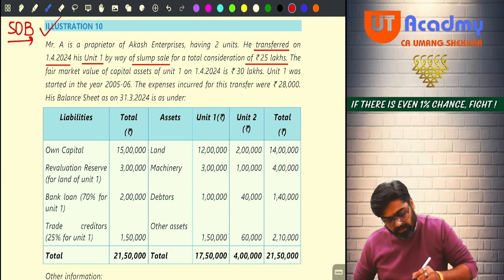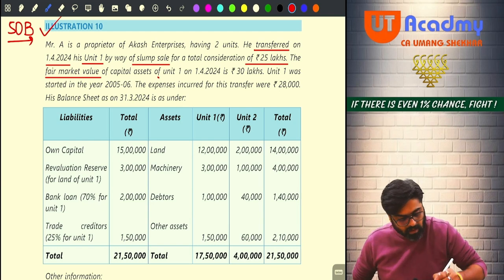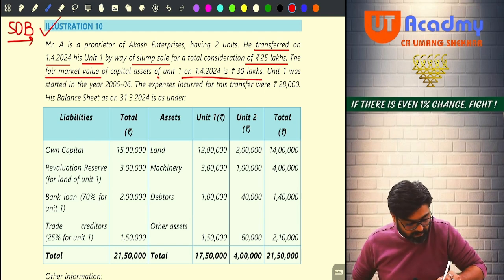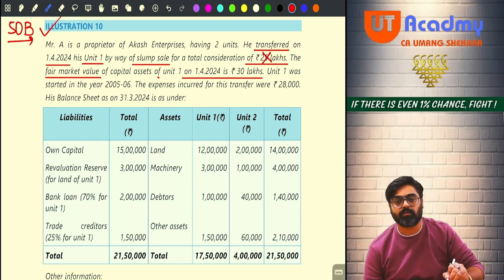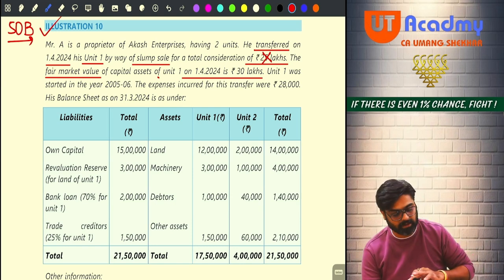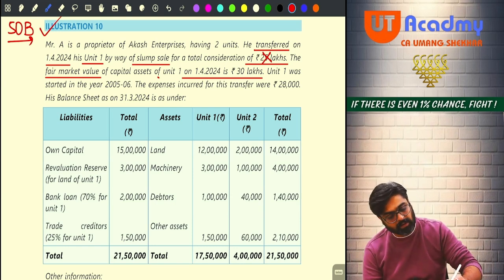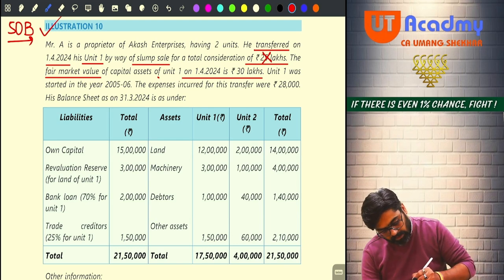They are saying that the fair market value of the capital assets of unit 1 on 1st April 2024 is 30 lakhs, meaning that now we will have to ignore 25 lakhs and take 30 lakhs as full value of consideration. Yes or no? So my full value of consideration is 30 lakhs. I will write 30 lakhs full value of consideration.